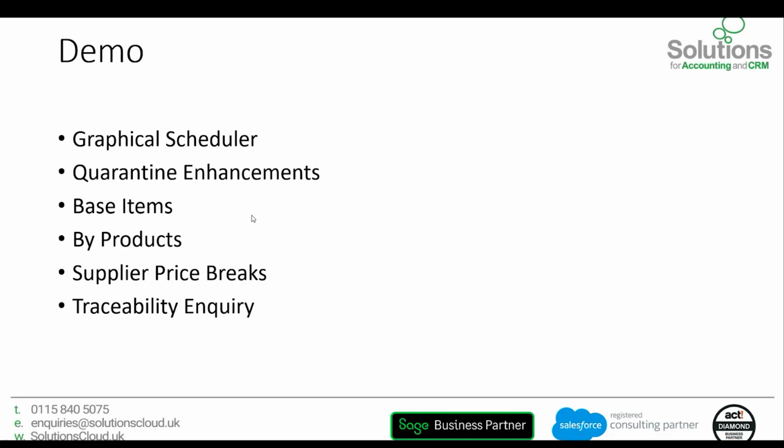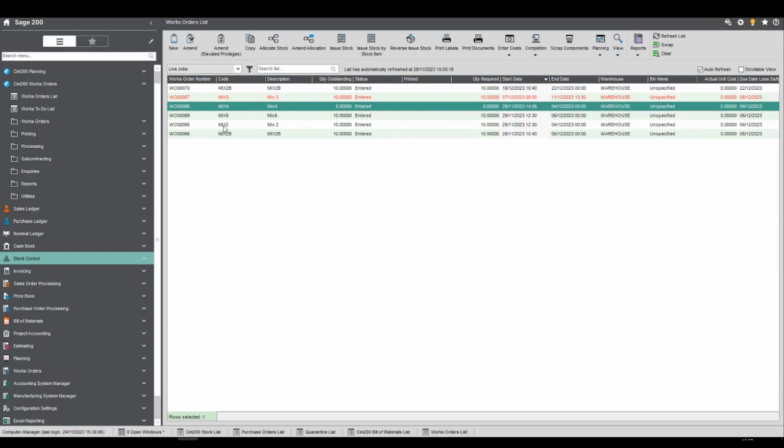But there are a couple of other sections that have been added in the latest or more recent versions that I just want to touch on and show users. So first of all, I will launch into my demo data on the system here.